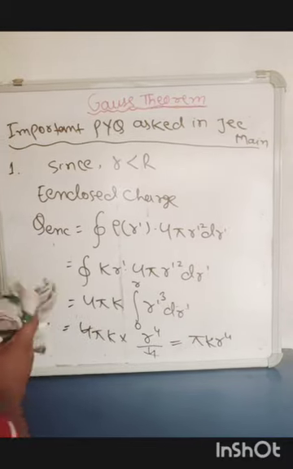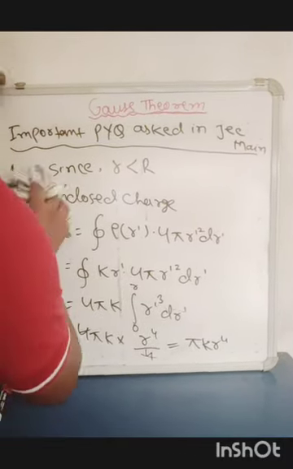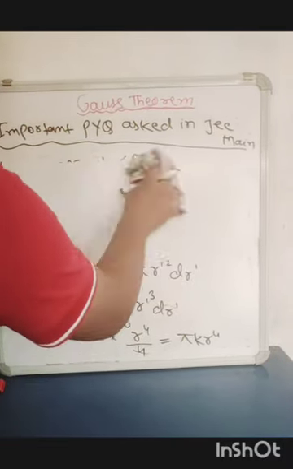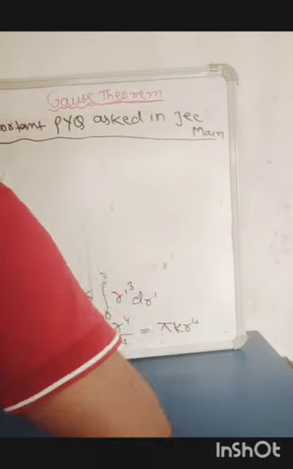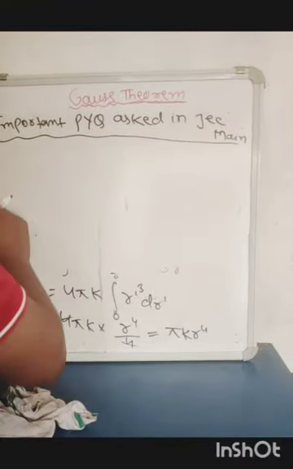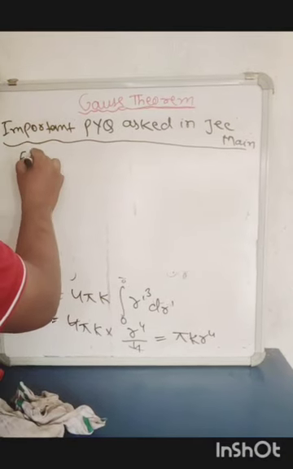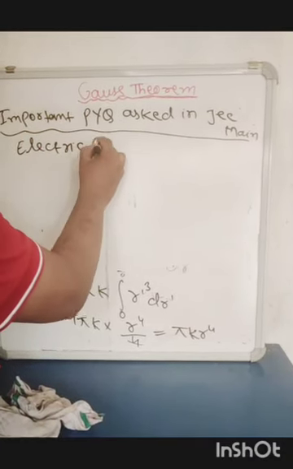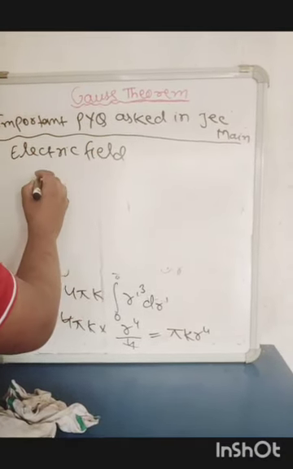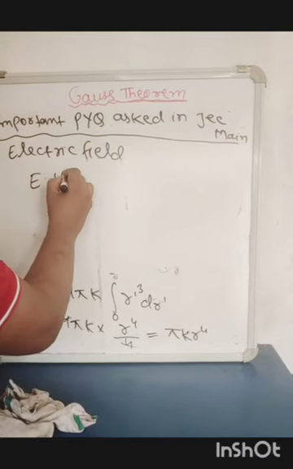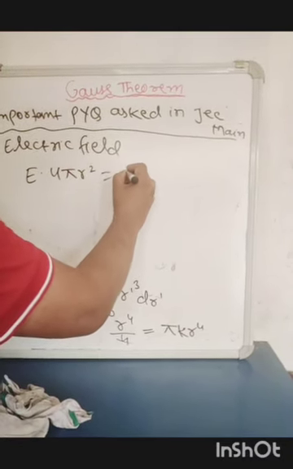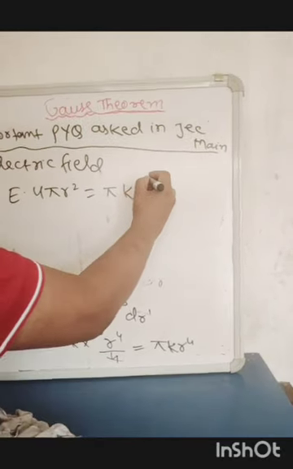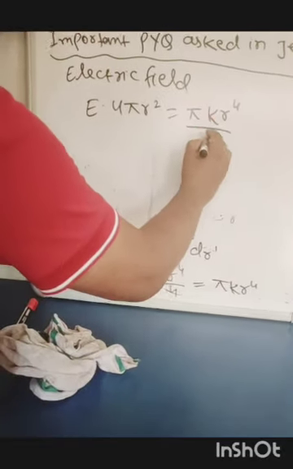Now we equate this value: the electric field E into 4 pi r square equals pi k r to the power 4 upon epsilon naught.